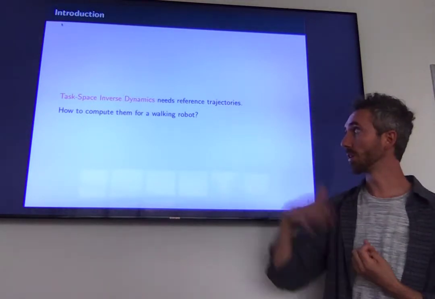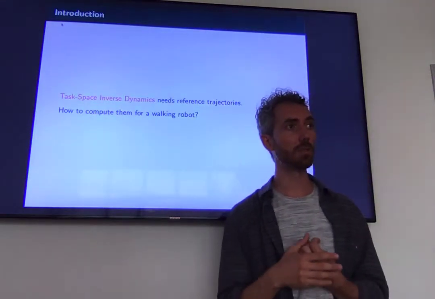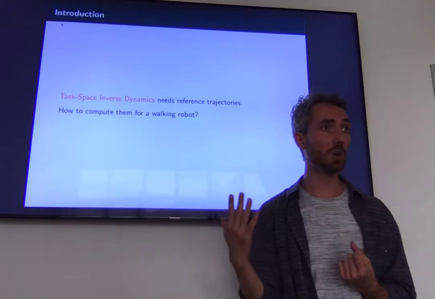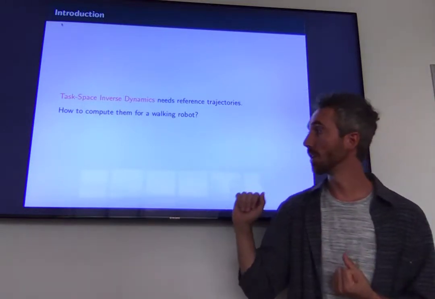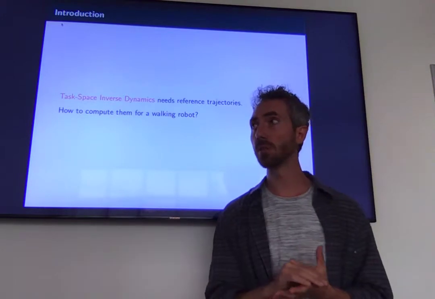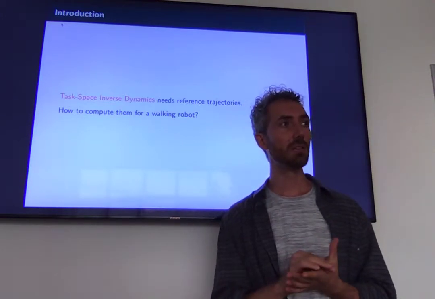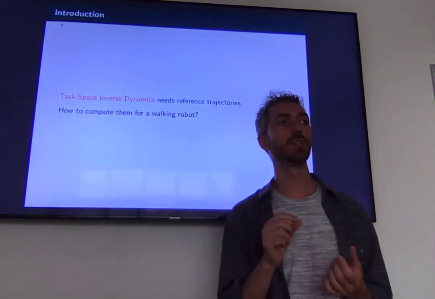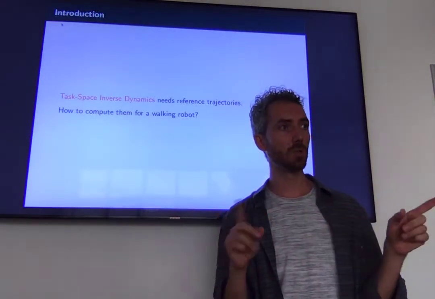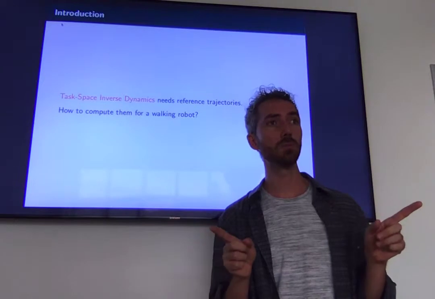So to get reference trajectories in these non-trivial cases, one tool that is very common to use is trajectory optimization, or sometimes I will refer to it as optimal control, even if, to be precise, they're not exactly the same thing.